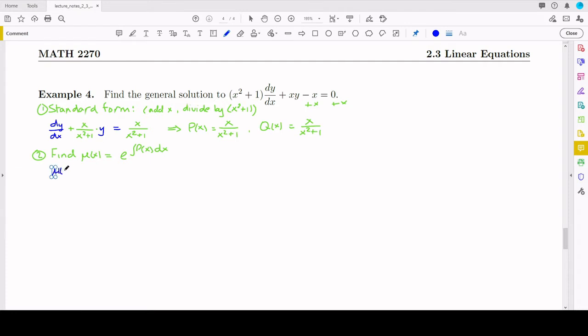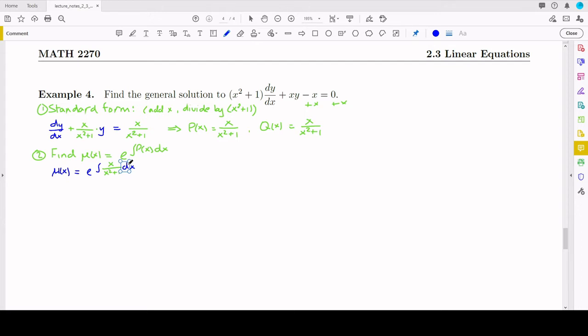And so our mu of x here is e to the antiderivative of x over x squared plus 1, because that's our p of x, dx.